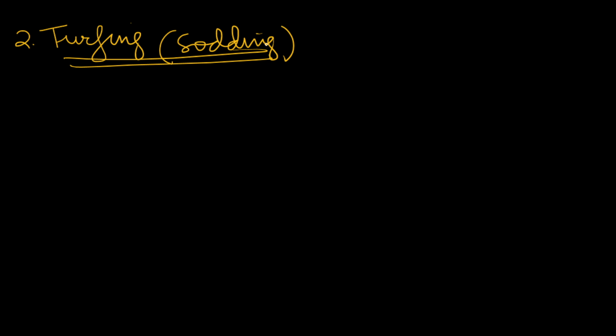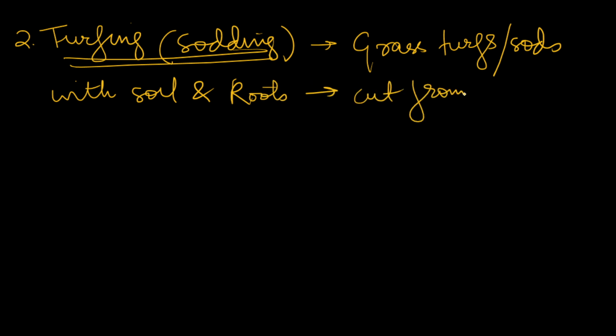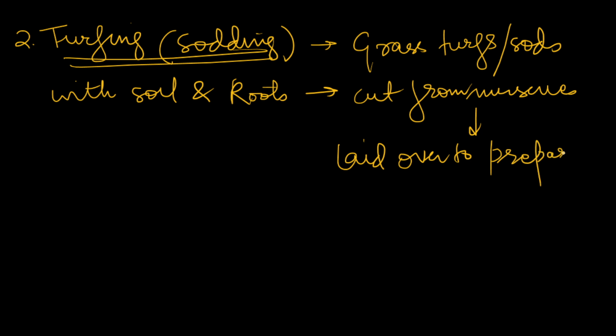Here grass turfs, or you can also refer to them as sods, with soil and roots, are cut from nurseries and laid over the prepared area. So this is what turfing is.